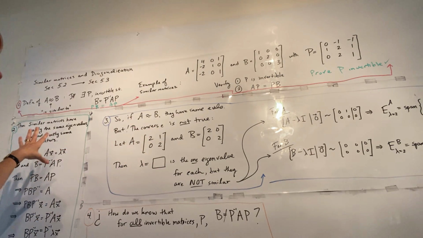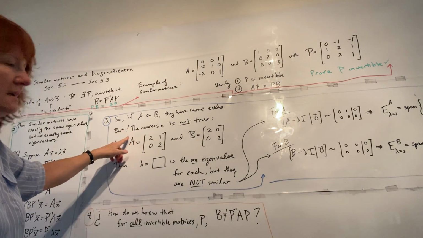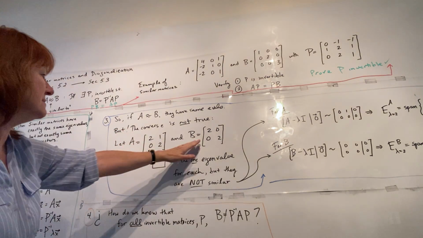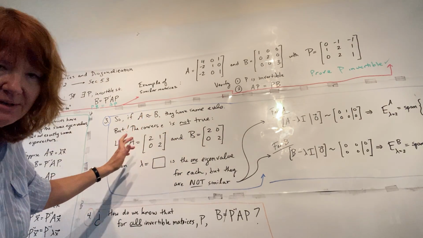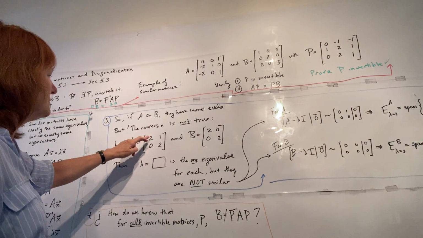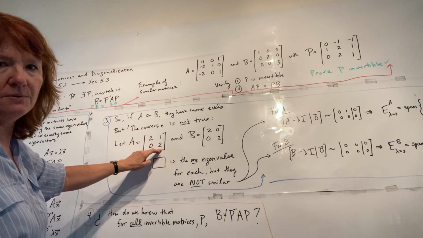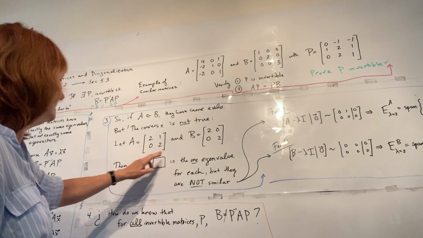That we know from the theorem. But notice that the converse is not true. If you have two matrices that have the same eigenvalues, it's not necessarily the case that they are similar. For example, let A be equal to 2, 1, 0, 2, and B equal to 2, 0, 0, 2, right?